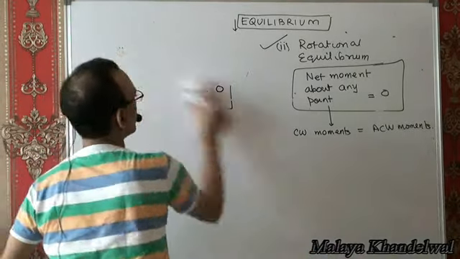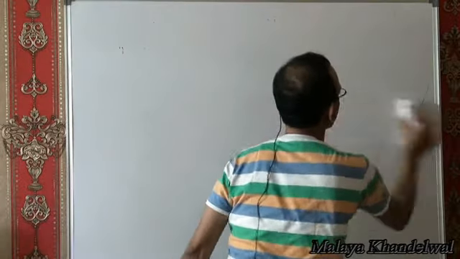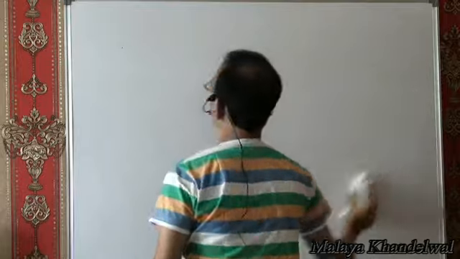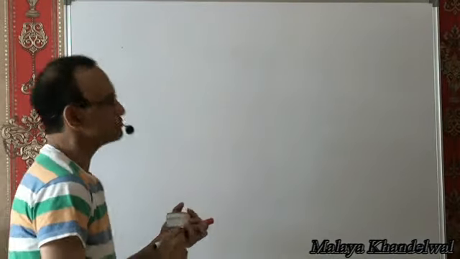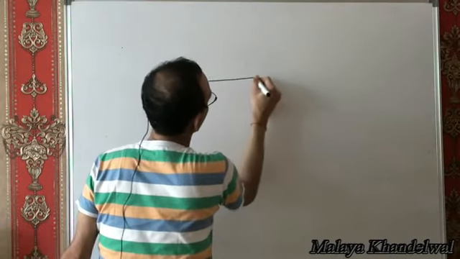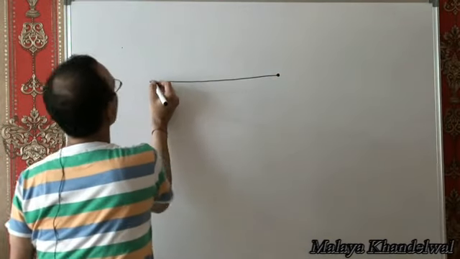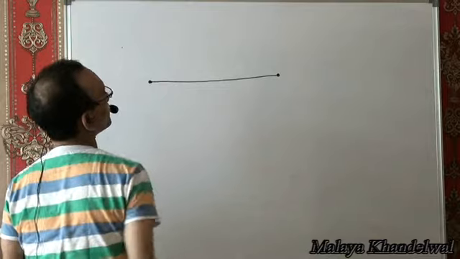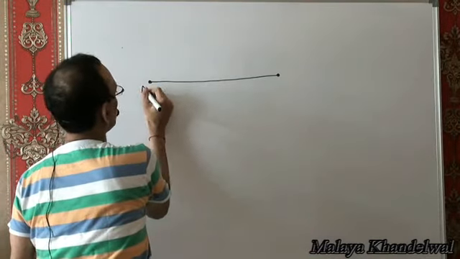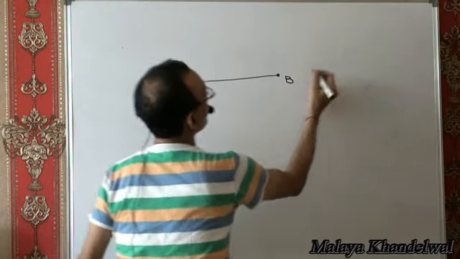Now let me look at a very simple example, with a uniform rod AB.